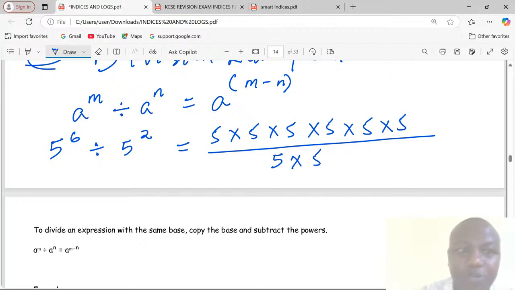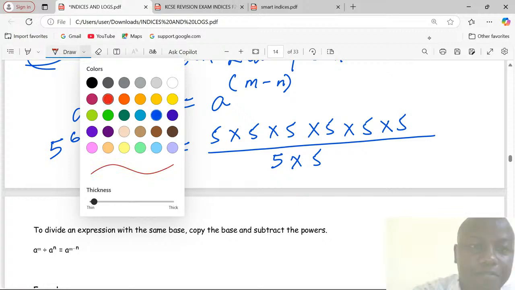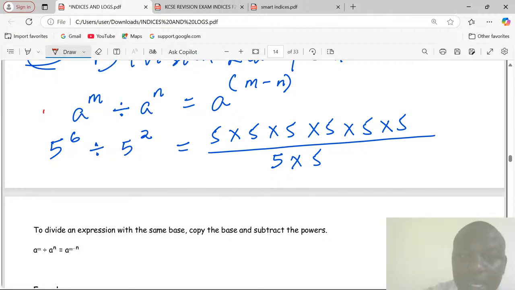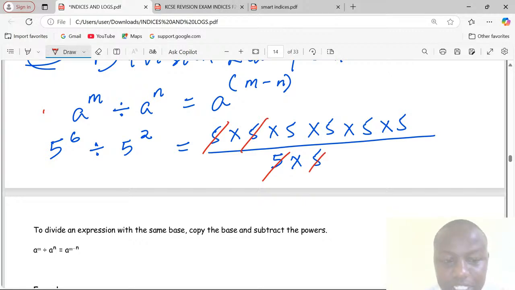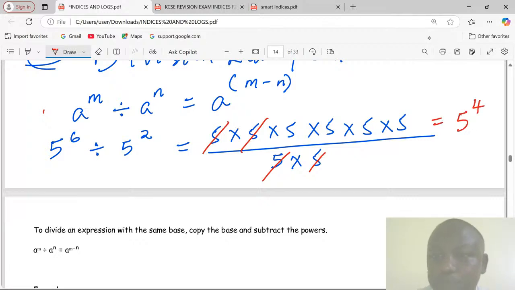Looking at this now, you discover that from the denominator and the numerator, we will have a 5 simplifying with a 5, 5 simplifying with 5. Then what remains is 5 times 5 times 5 times 5, 4 times. So this is going to be equivalent to 5 raised to the power of 4.